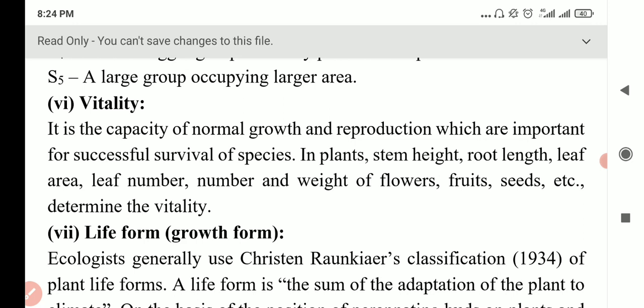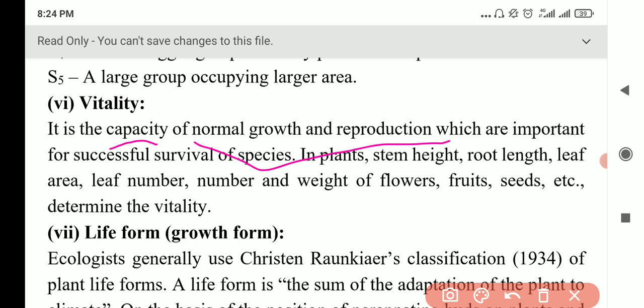Here it means the capacity of normal growth and reproduction. Let me give you a funny example. Like here in the city, we are not so vital, we will maybe have 2-3 children at the most, but in villages you will have 12, 13, 15 children.